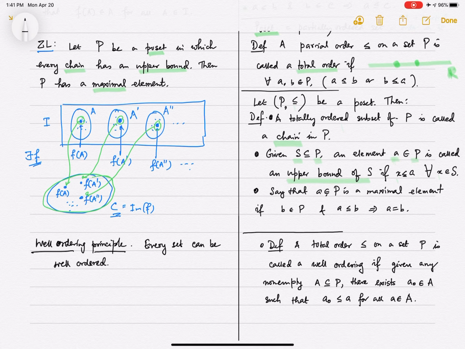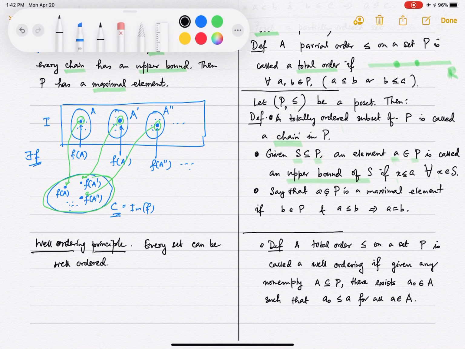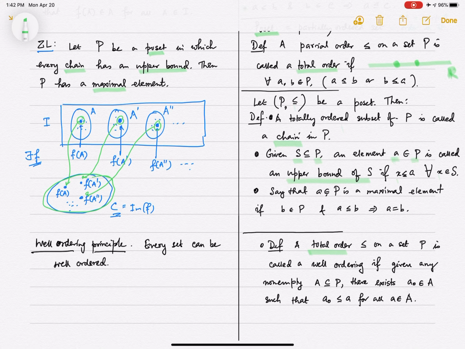First of all, a well-ordering, I have it on the right bottom here, is better than a total ordering.